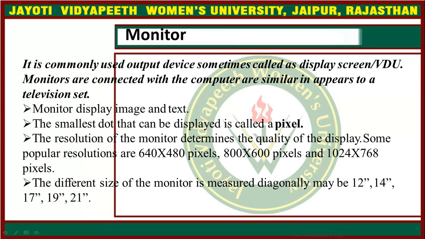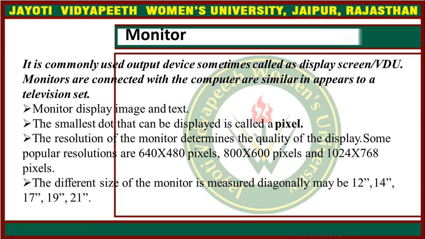Now come to the monitor. It is a commonly used output device, sometimes called a display screen. Video monitors connected with the computer are similar in appearance to a television set. The monitor displays images and text. The smallest dot that can be displayed is called a pixel.